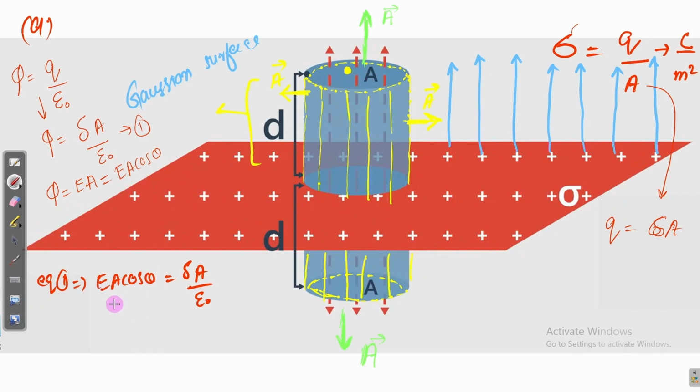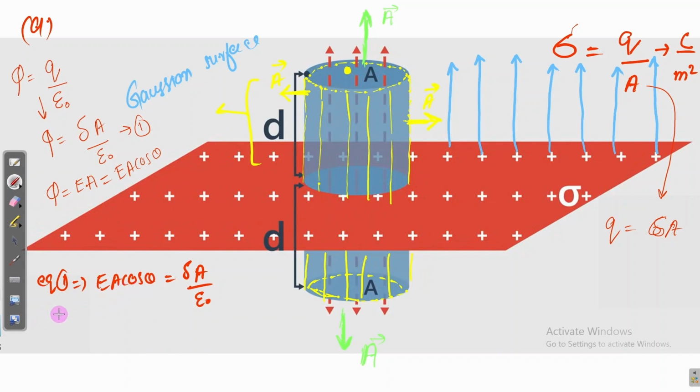Now in this case, the EA cos theta terms come from different sides. The flux occurs due to the upper area, and also from the lower area, and the flux also comes from around this Gaussian surface.